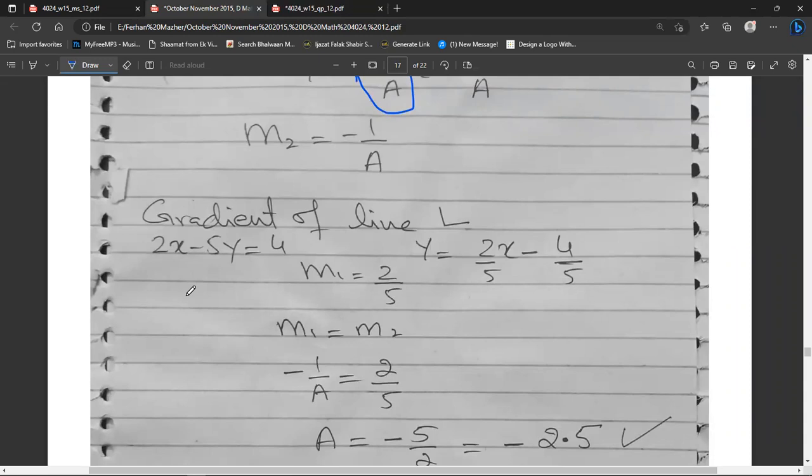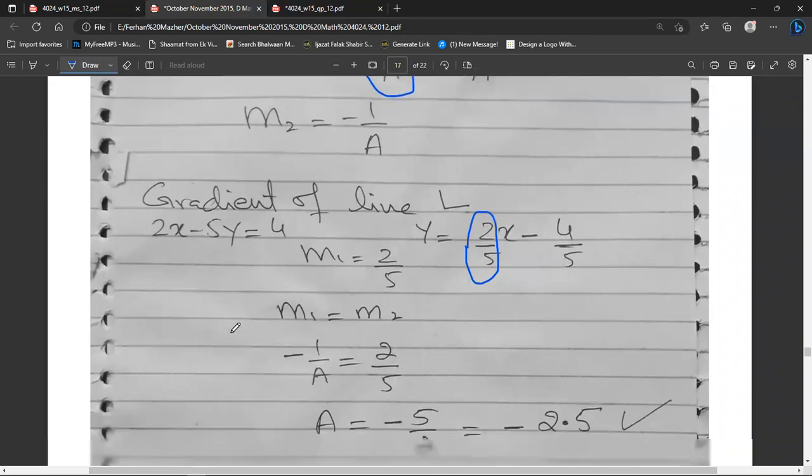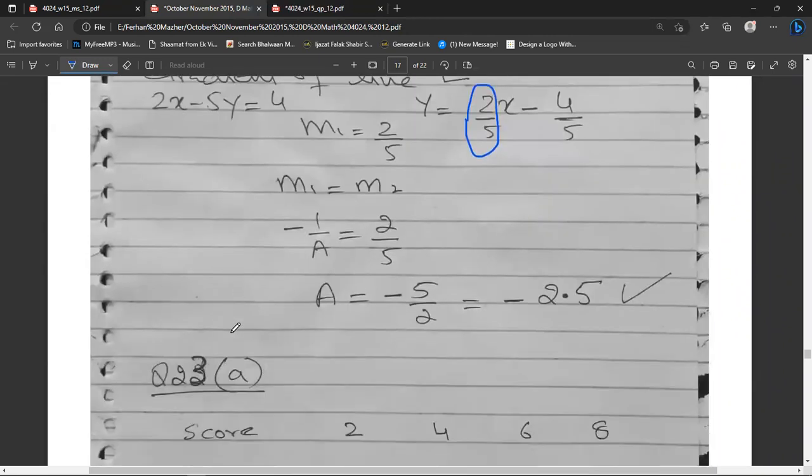So y will be equals to 2x by 5 minus 4 by 5. So the gradient here is this. You have to make y positive and alone. Because these two lines are parallel to each other, their gradients will be equal. So m1 equals m2. So minus 1 by a equals 2 by 5. Cross multiply. So a will be equals to minus 5 by 2, which is minus 2.5.